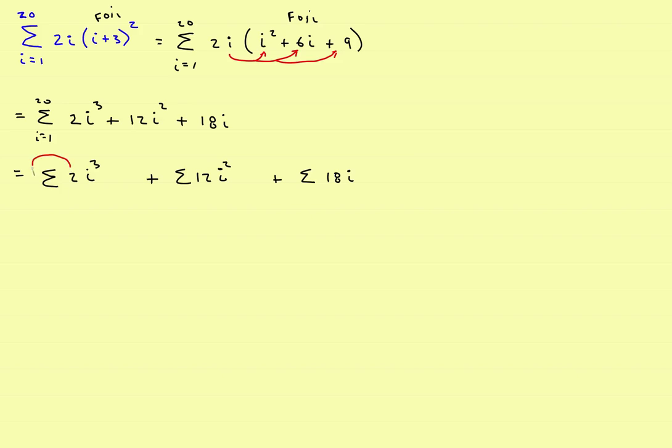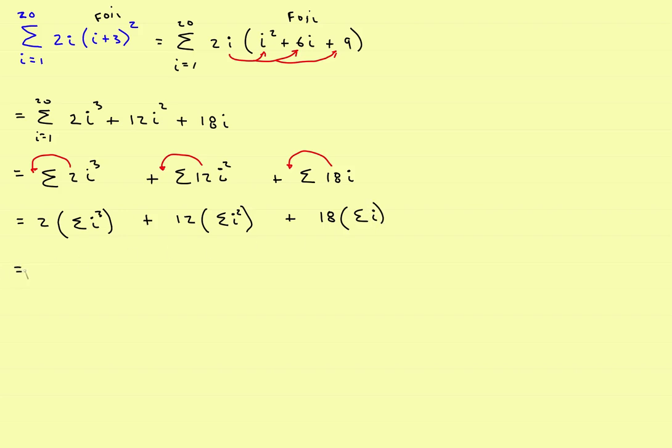So I'll bring this 2 out in front, this 12 out in front, and this 18 out in front. That's going to get you to 2, and I'll put them in parentheses again: the summation of I cubed plus 12 times the summation of I squared plus 18 times the summation of I.